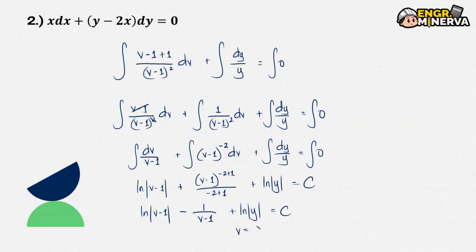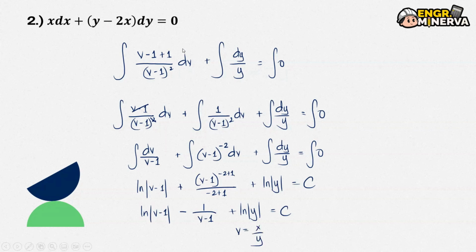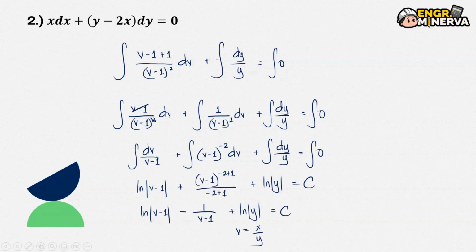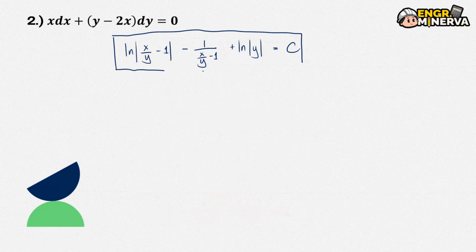Substitute it to the equation. That would be ln of x over y minus 1, minus 1 over x over y minus 1, plus ln of y equals c. Again, the solution is an implicit solution, so it means we could not isolate y anymore. So this is our general solution. That is our final answer.